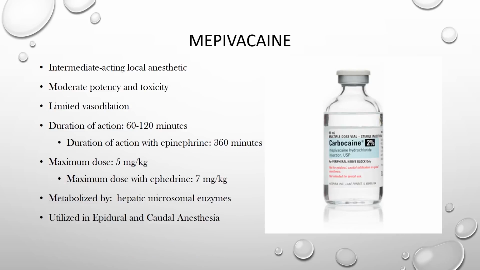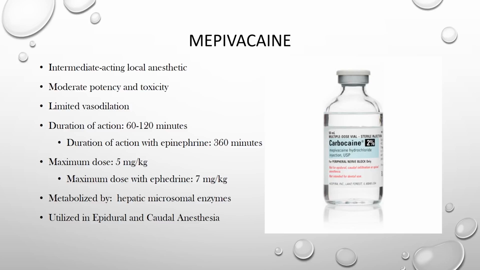MEPIVACAINE. MEPIVACAINE is an intermediate-acting local anesthetic. This local anesthetic, similar to lidocaine, has moderate potency and toxicity. However, it does not cause the same vasodilatory effects as lidocaine. MEPIVACAINE can provide local anesthesia for 60 to 120 minutes and can last up to 360 minutes when administered with epinephrine.